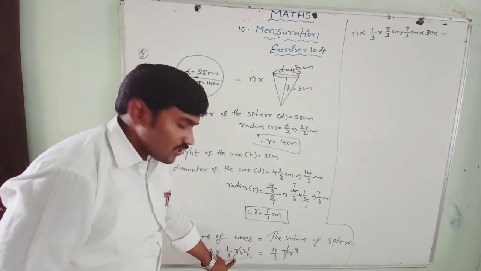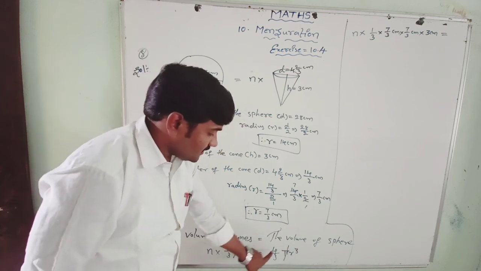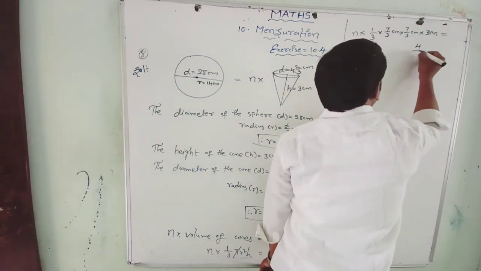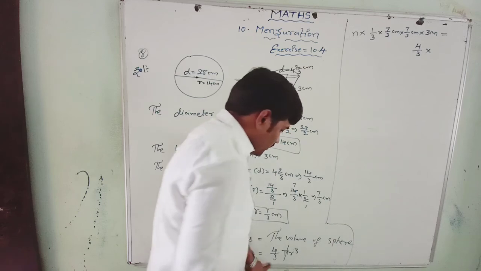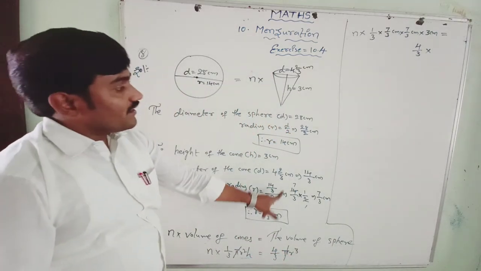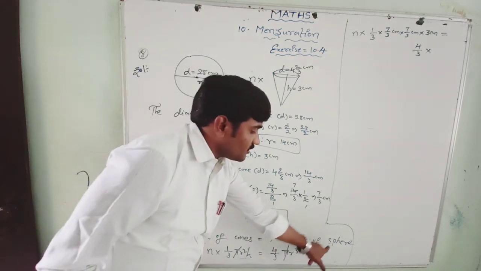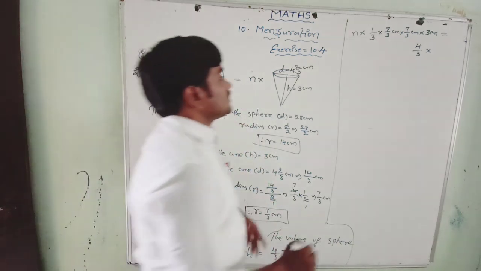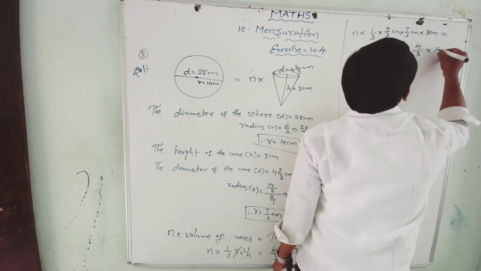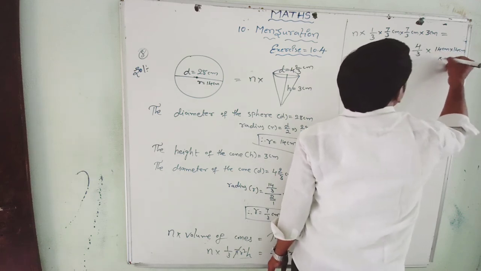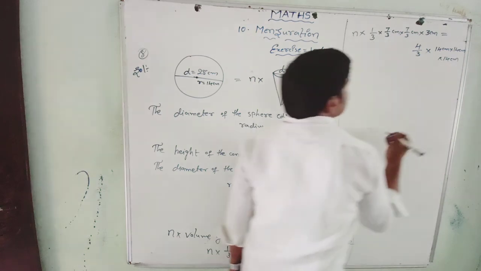Pi got cancelled, and 4 by 3 is left. Here we write 4 by 3 into r cube, where r is the radius of the sphere, that is 14 centimeters into 14 centimeters into 14 centimeters.